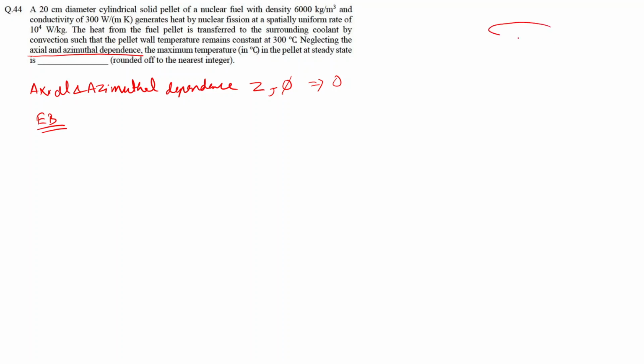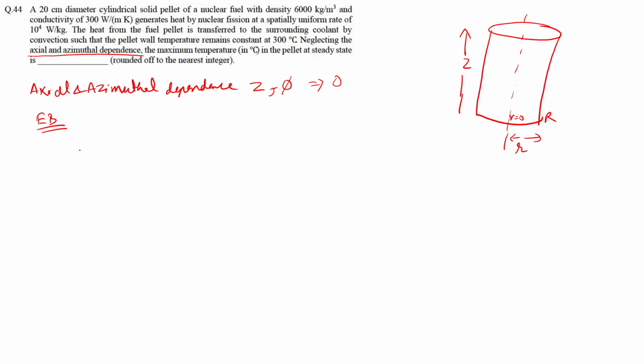So let's just consider this cylinder. This is my center, and we have been given r over here. So this is at r equal to 0, and this is r equal to R. This is my z.